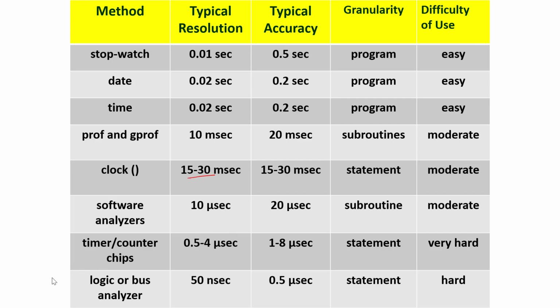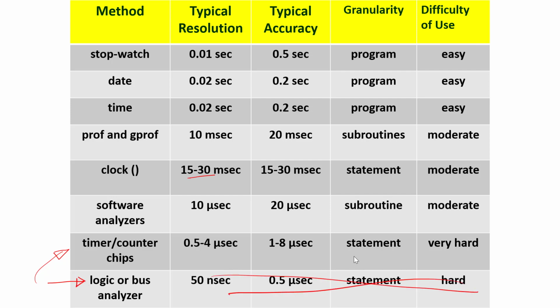But of course, these timer chips are the most accurate devices available to current CPUs, that can roughly give you a 1 microsecond granularity.